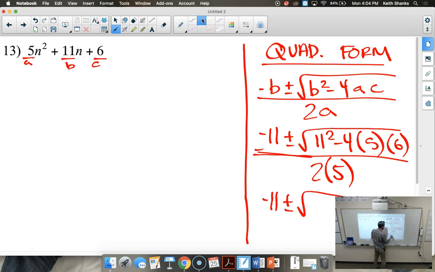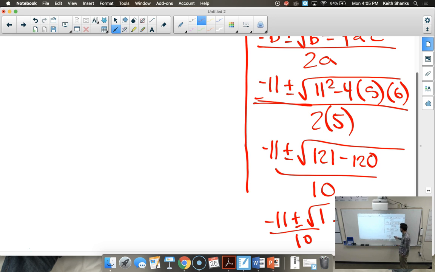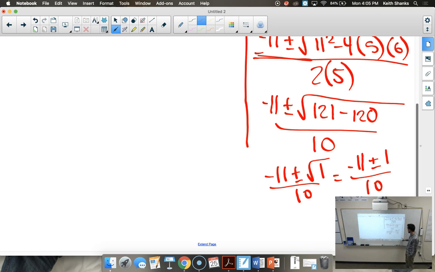The rest of the time, you can be really careful and punch this all into your calculator. If I'm doing this one piece at a time here, you should get 1 there, divided by 10. And so I have negative 11 plus or minus the square root of 1 over 10, which equals negative 11 plus or minus 1 over 10. And I'm going to get two answers.